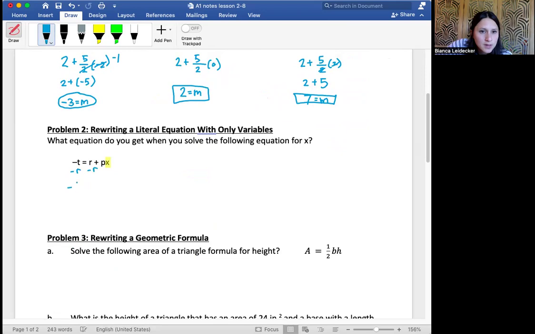So I can write this as negative t minus r equals p times x. To get x by itself, I have to divide by p. So you're thinking through what is the opposite operation in order to get that variable by itself. And when I bring this over, I have negative t minus r divided by p equals x.